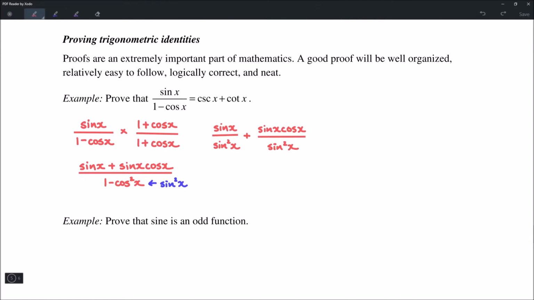Now, of course, the first term is simply going to become 1 over sine square x as we eliminate one factor of sine x. And the right-hand side, very similarly, we just have cosine x over sine x.